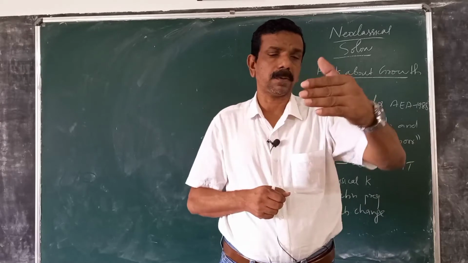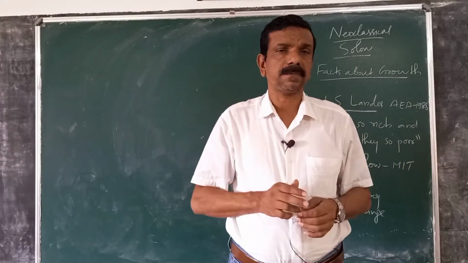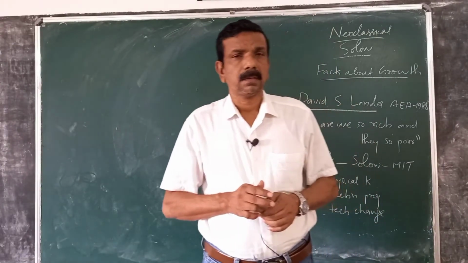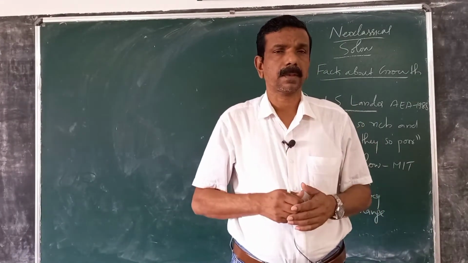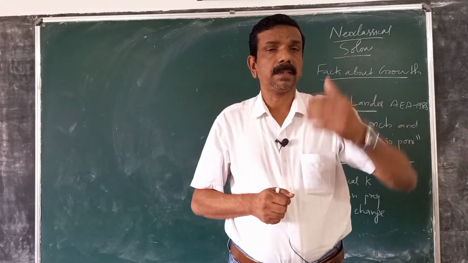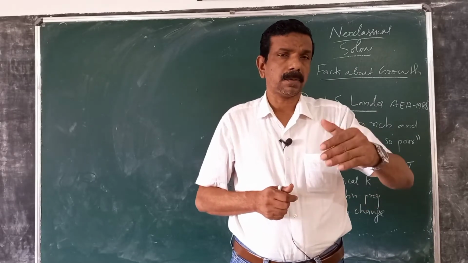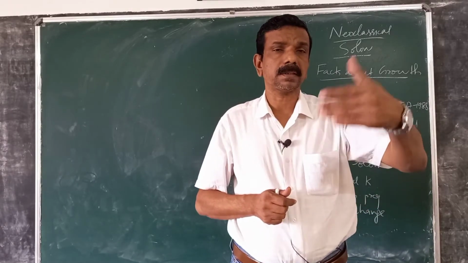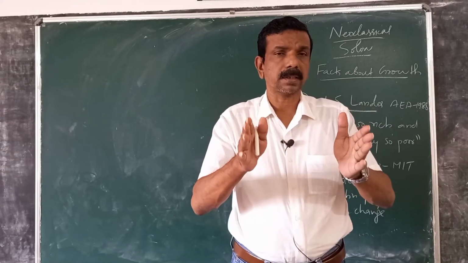In the Solow model, Solow recognizes the importance of technology, but he did not model it. But economic growth ultimately depends on technical progress. In the Solow model, technology is considered as exogenous. So, growth in the Solow model is exogenous.